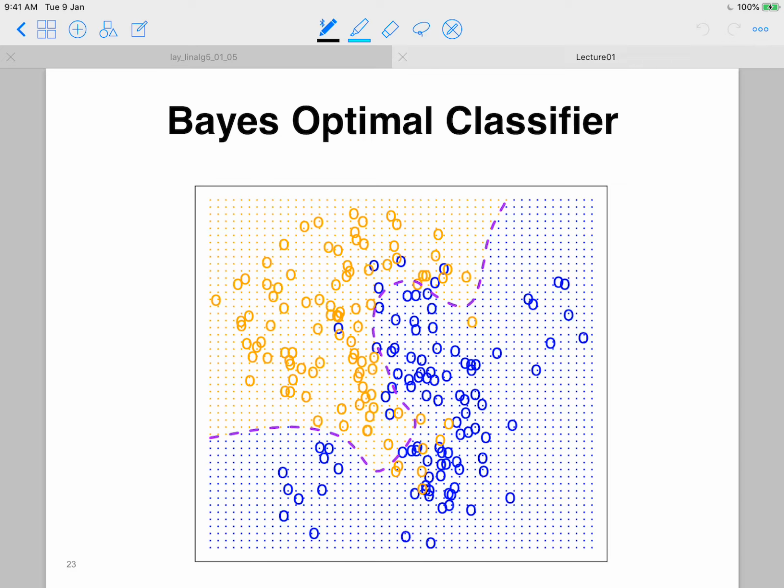And then now we have this complicated decision boundary. But let's just imagine that we have P of x, which is a two-dimensional one, given y being equal to 1, or y being equal to 0. So this blue one is 1 and the orange one is 0. And then we can imagine a complicated mountain which corresponds to P of x given y being equal to 1.